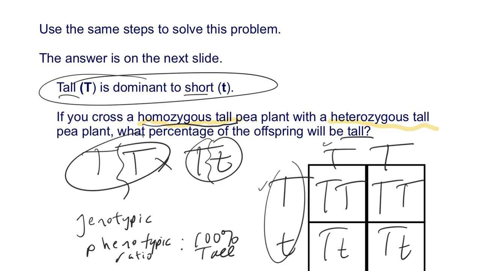My genotypic ratio, which they didn't ask, is 50% homozygous dominant and 50% heterozygous.